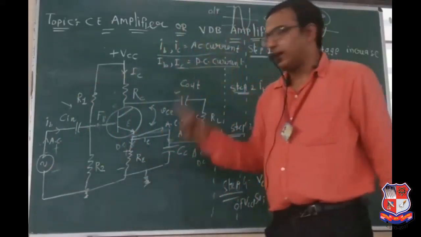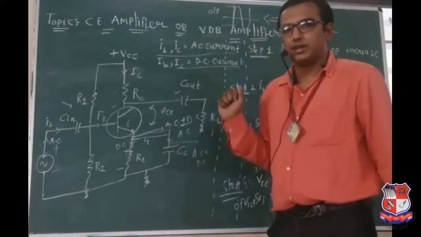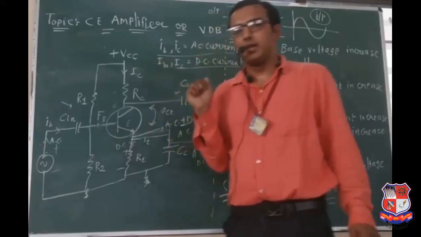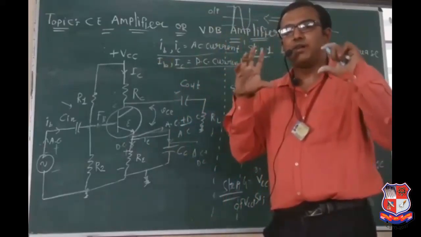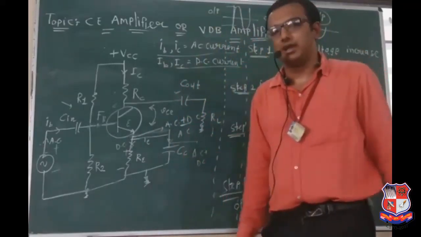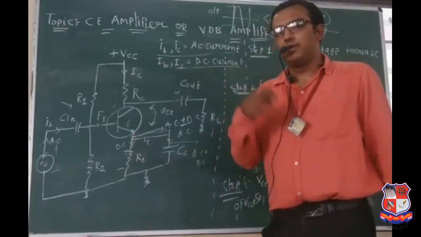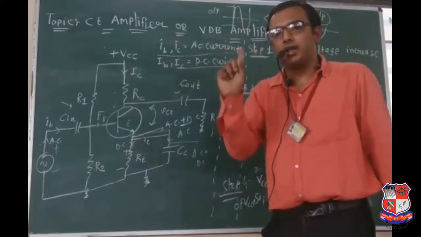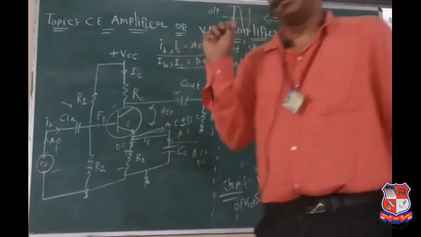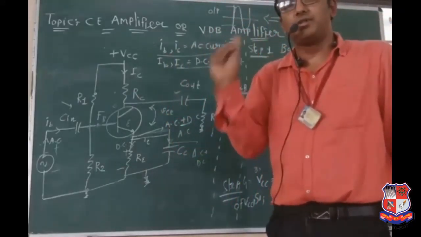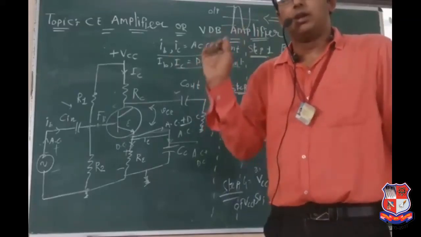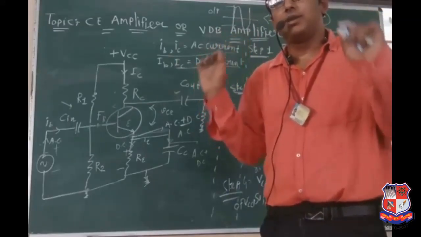With a concept like emitter bias, the input voltage is decreased. But if the input voltage is decreased, then it is okay for biasing. But we want to design the amplifier for amplification. At that time, if the input voltage is decreased, then the collector current is also decreased.